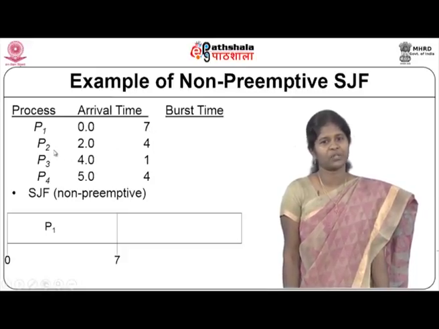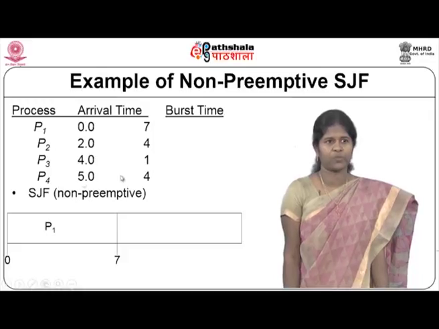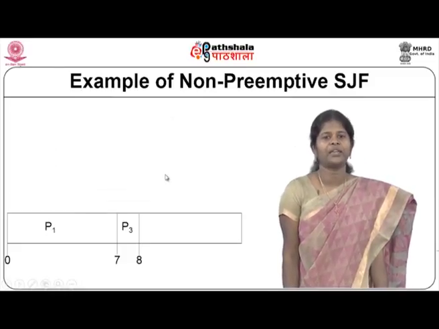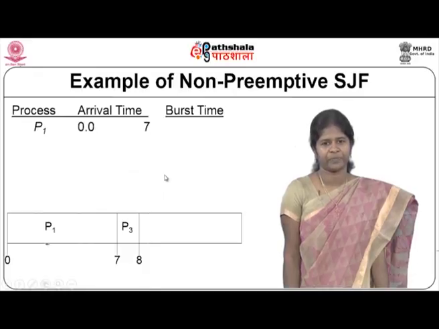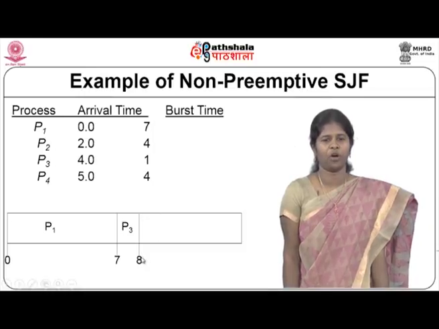So now who will be scheduled next? We have 3 processes: the burst time of P2 is 4, the burst time of P3 is 1 and the burst time of P4 is 4. Of all the 3, the shortest is P3. So P3 is scheduled next and will run for 1 millisecond and finish its CPU burst. Then we have P2 and P4.